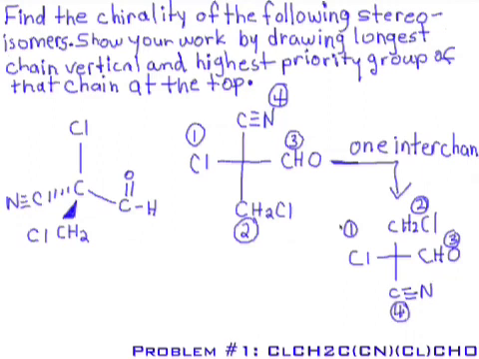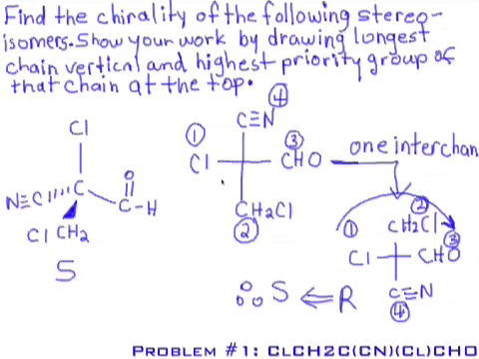And now I draw a curve from 1 to 2 to 3. If I draw a curve from 1 to 2 to 3, what is that? That is R, because it's clockwise. So what is the original? Well, I did one interchange, therefore that's an odd number of interchanges, so it's the enantiomer, so it's S. Hence, this molecule is S.